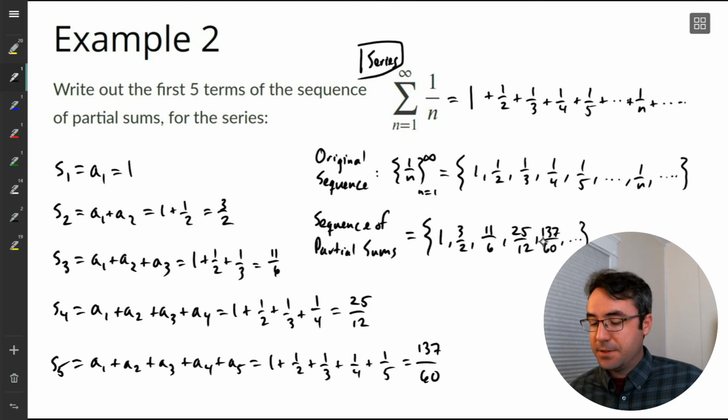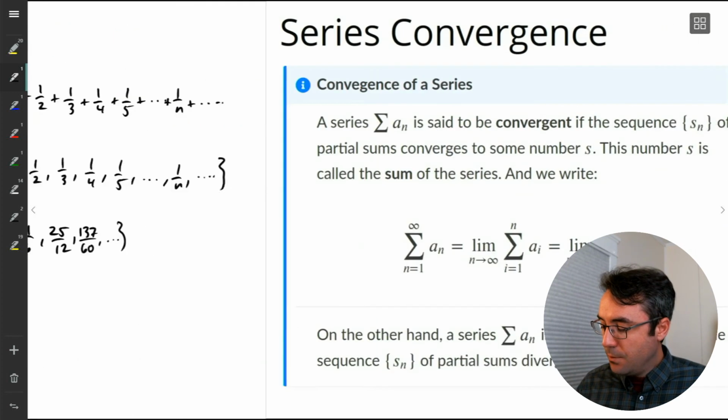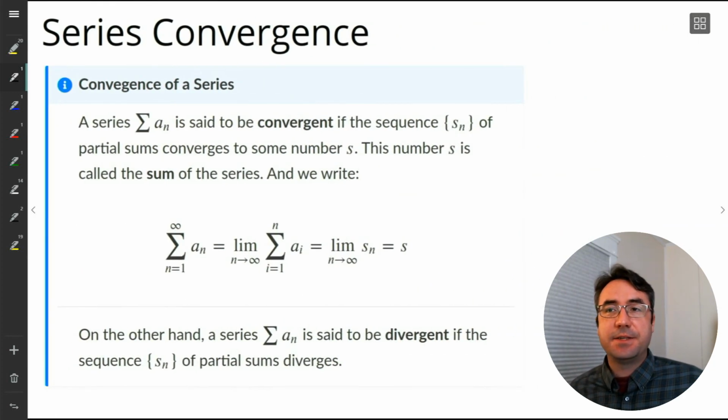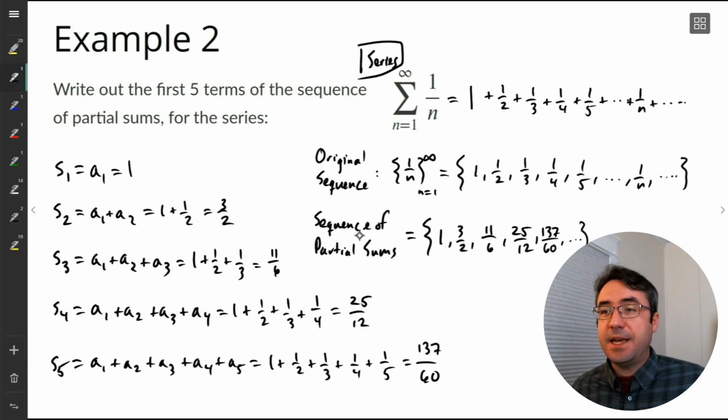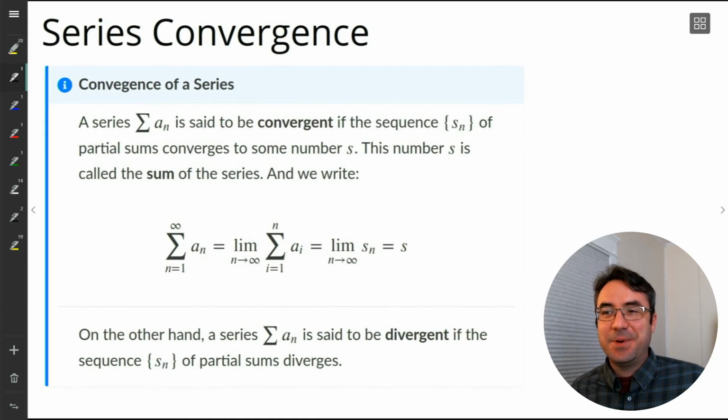All right. So next time, what we're going to talk about is the convergence of a series. And essentially what we're going to see is how we can use those partial sums to help us actually calculate the sum of a convergent series.